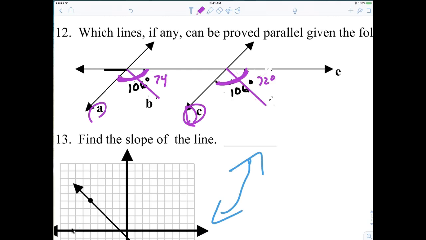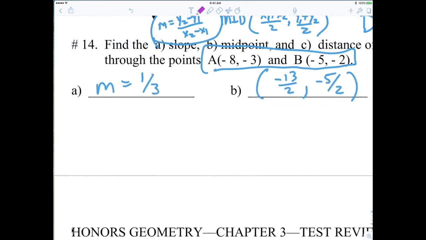So we can't say that this line and this line are parallel. As a matter of fact, we can say they're definitely not parallel because these are not equal. Just reaffirm that C and A are parallel. Yeah, exactly.